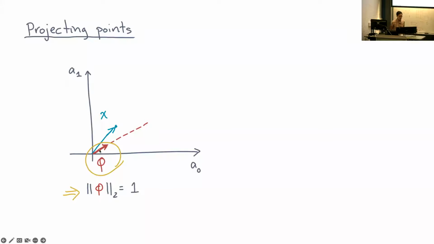With respect to this new red line, I could ask what is the length of this vector along the red line, and that would just be an orthogonal projection of x onto the red line.